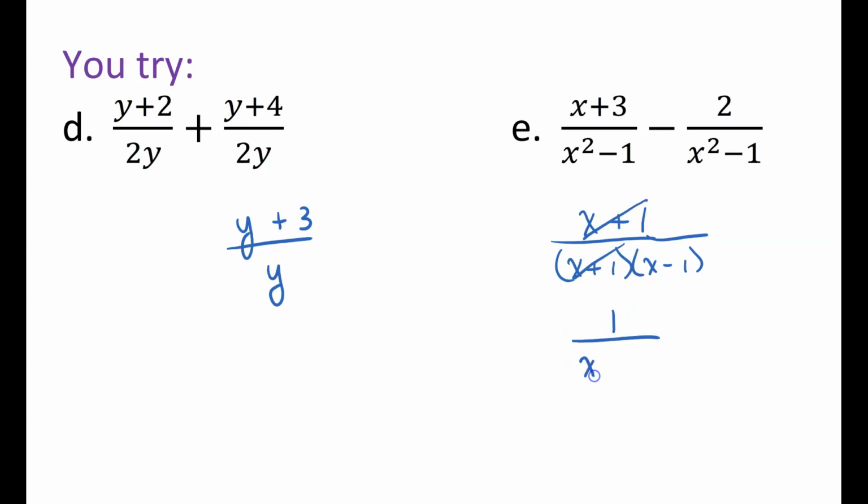And in the end, we end up with 1 over x minus 1. I think the most common thing I saw was forgetting to tell me what x can't be. So don't forget, when you have a variable in the denominator, to address that.